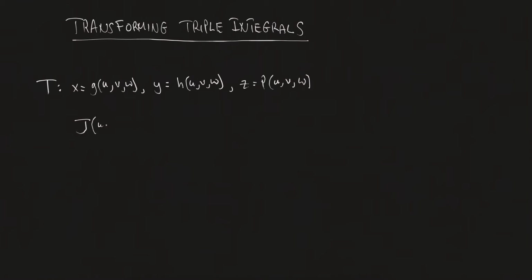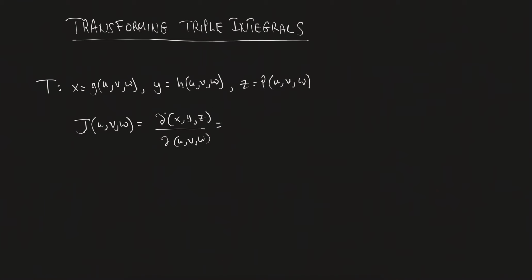This is the simpler way to write it down: u, v, w in that order. Or you could use the partial notation where you have the old variables on the top, and then the new variables in the bottom, u, v, w. Either one we can use to denote our Jacobian.